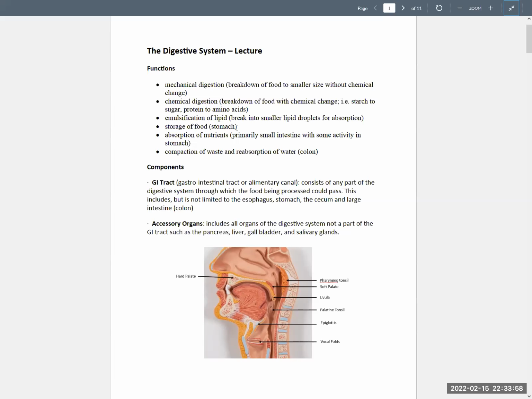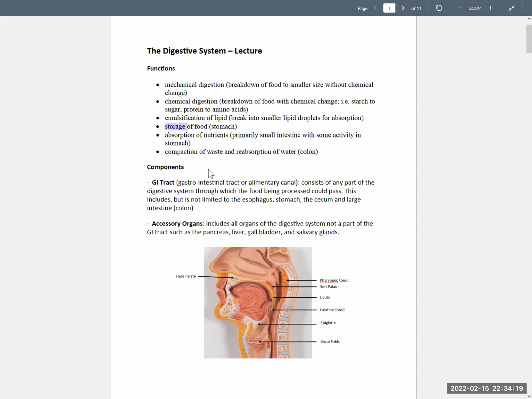The Parthenon would never have been built. The Eiffel Tower never would have been built if it hadn't been for the stomach giving us the time to do these things. So I consider storage of food a really fundamental function of the stomach.